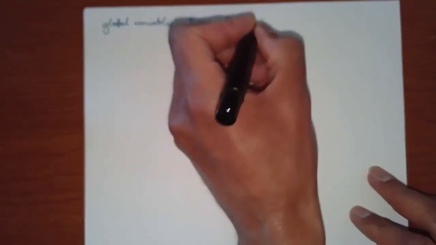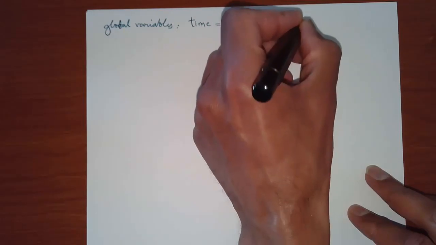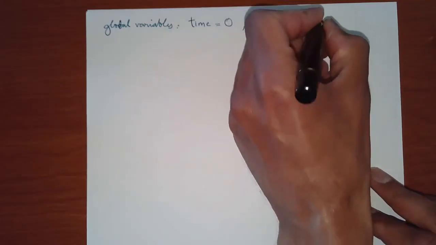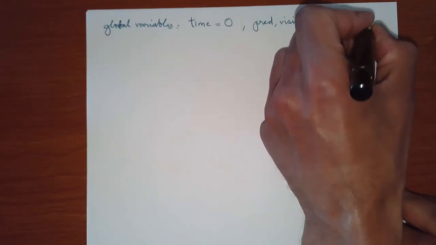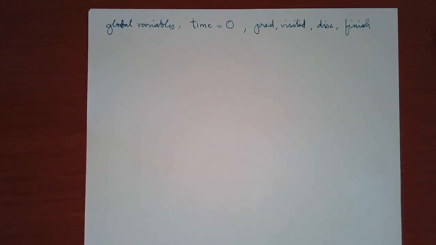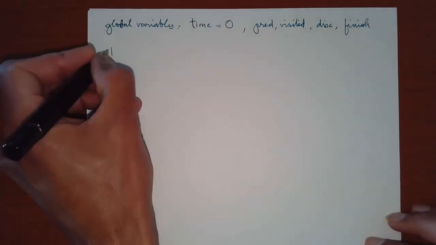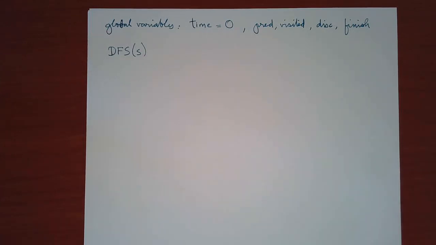And then we have, of course, the predecessor, visited, discovery time, and the finish time. So these are global variables in the recursion. Again, the implementation is usually done using a stack. So how does DFS of S work?